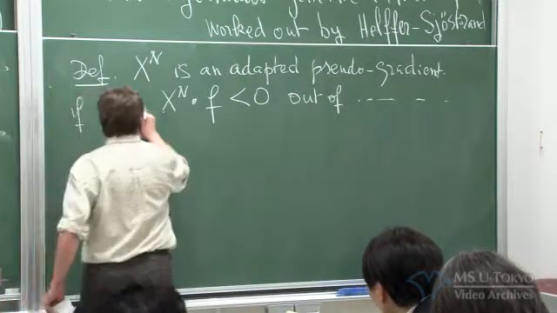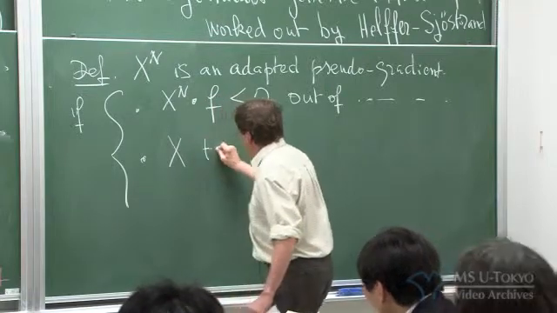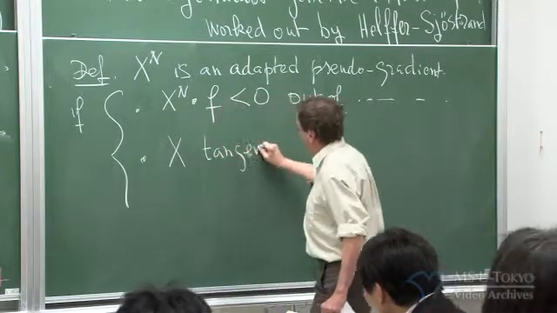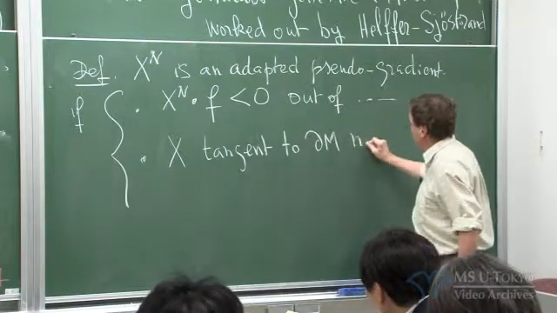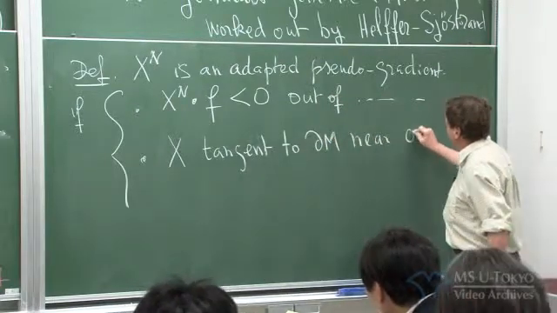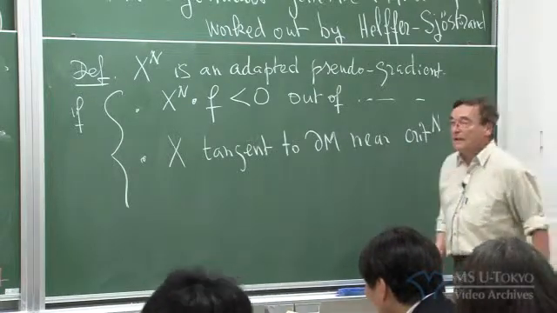Next, this vector field is tangent to the boundary near the critical point of type Neumann.